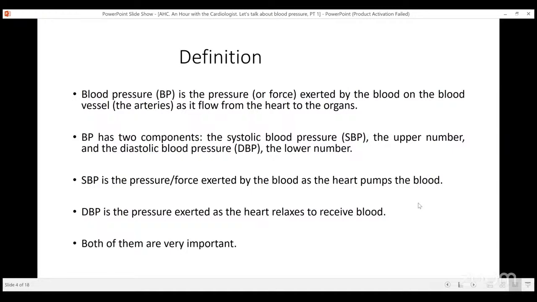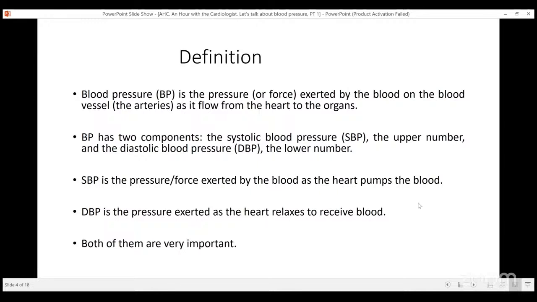Usually, when the heart is beating, it has to move on with a pressure. It has to beat with such a force that will make the blood keep flowing. So that force exerted by the blood that is coming out from the heart is called blood pressure.